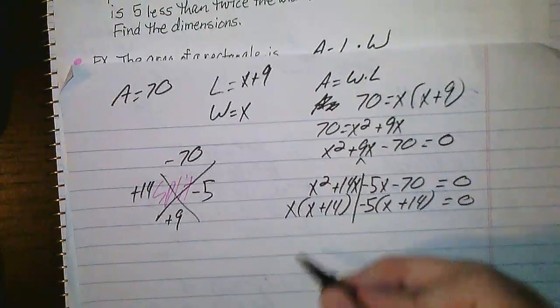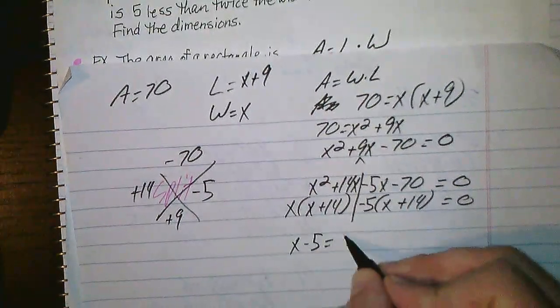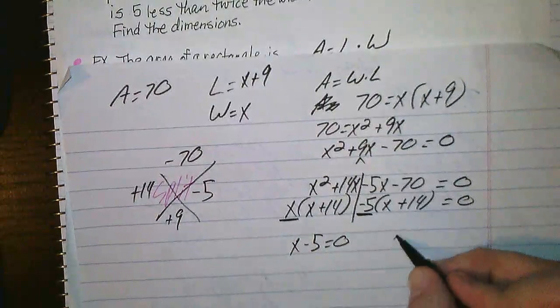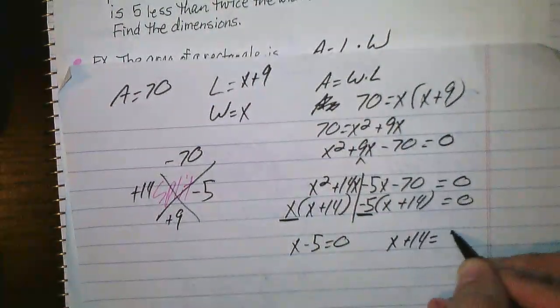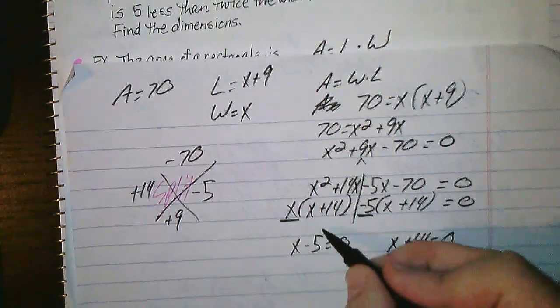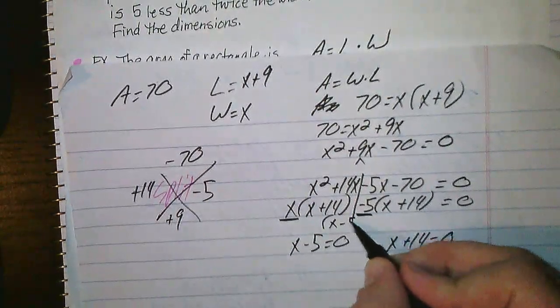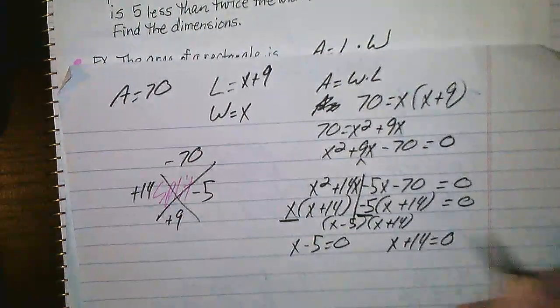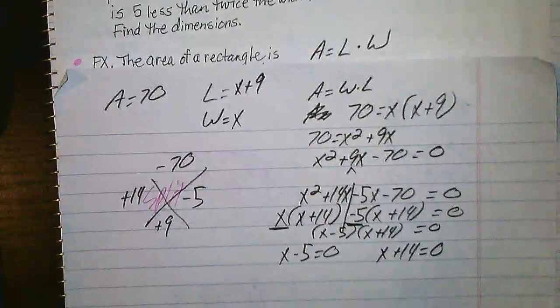So we have x minus 5 equals 0. That's the two pieces we factored out. And x plus 14 equals 0. Because the step above it was that we got our two factors of x minus 5 and x plus 14. We set each factor containing a variable equal to 0.